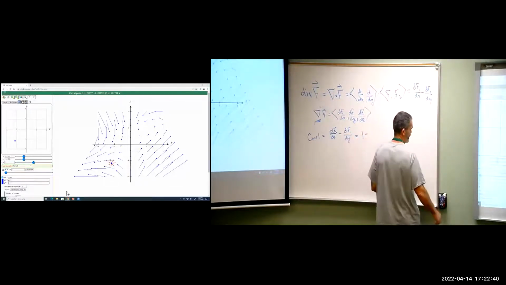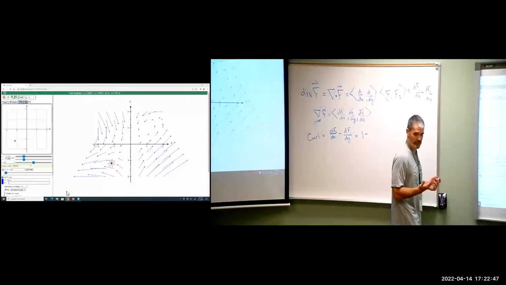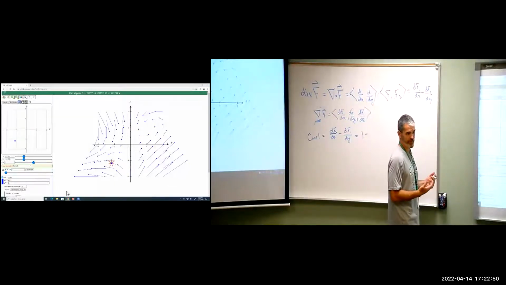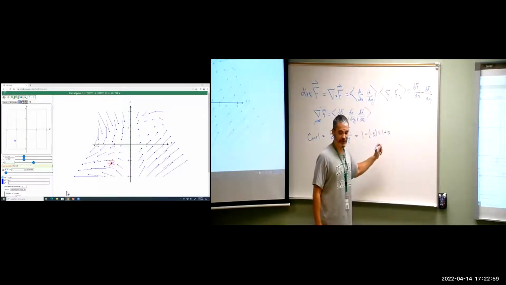And then df1/dy: the derivative of x with respect to y is 0, and negative xy with respect to y is negative x. So 1 minus negative x, or 1 plus x. That will give us the curl at any point. And it makes sense that it varies because we saw that the rotation was different depending on where we were in the vector field. If the rotation had been constant, we would have expected this to be constant. If it would have been 0, we'd expect it to be 0.